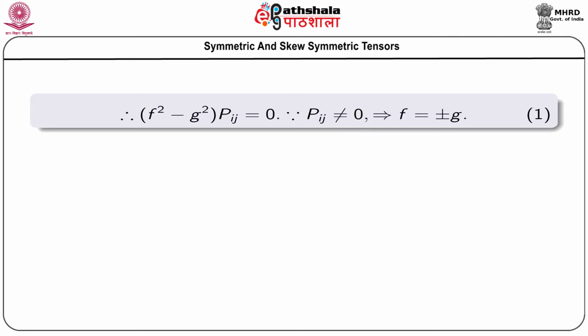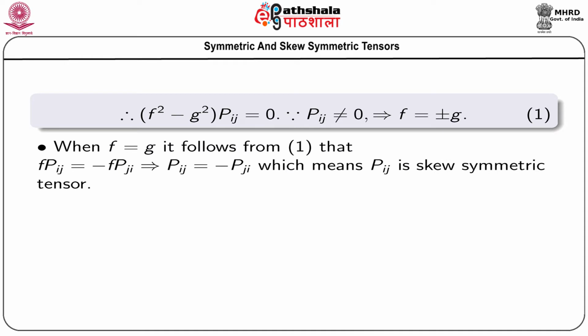So, we get f square minus g square times Pij equals 0, and as Pij is non-zero, so f is equal to plus or minus g.